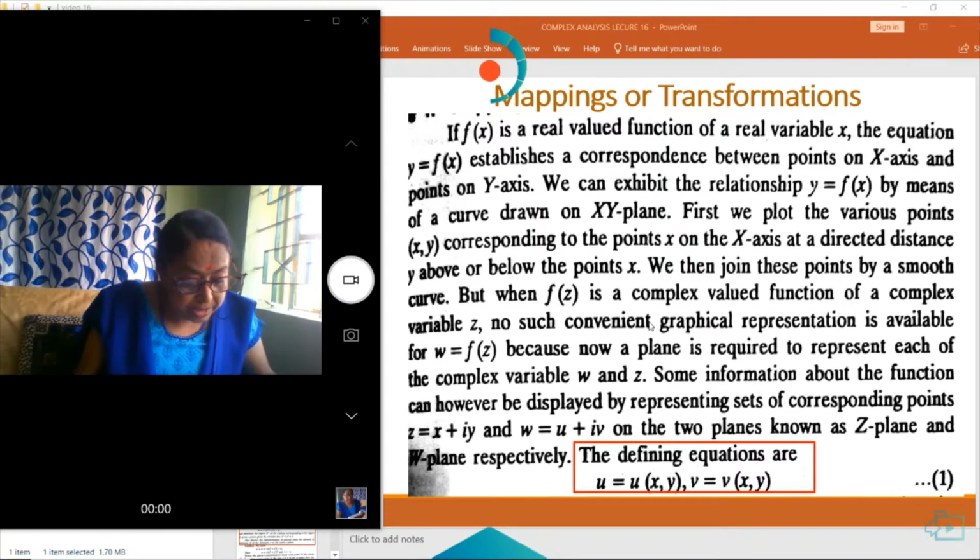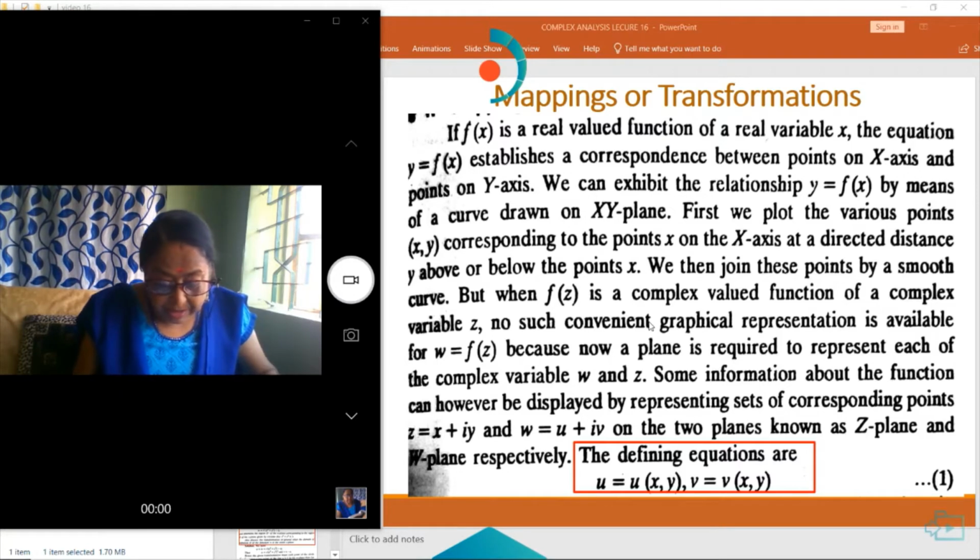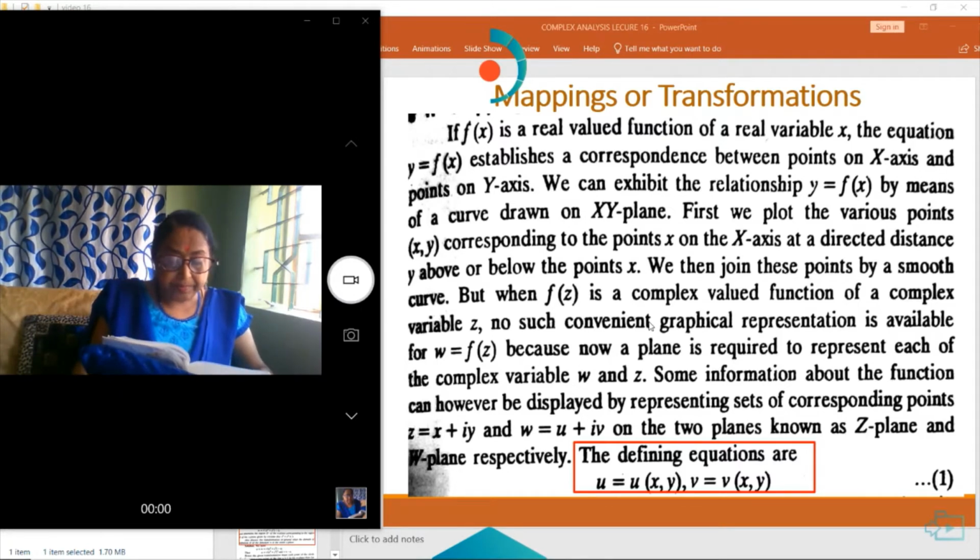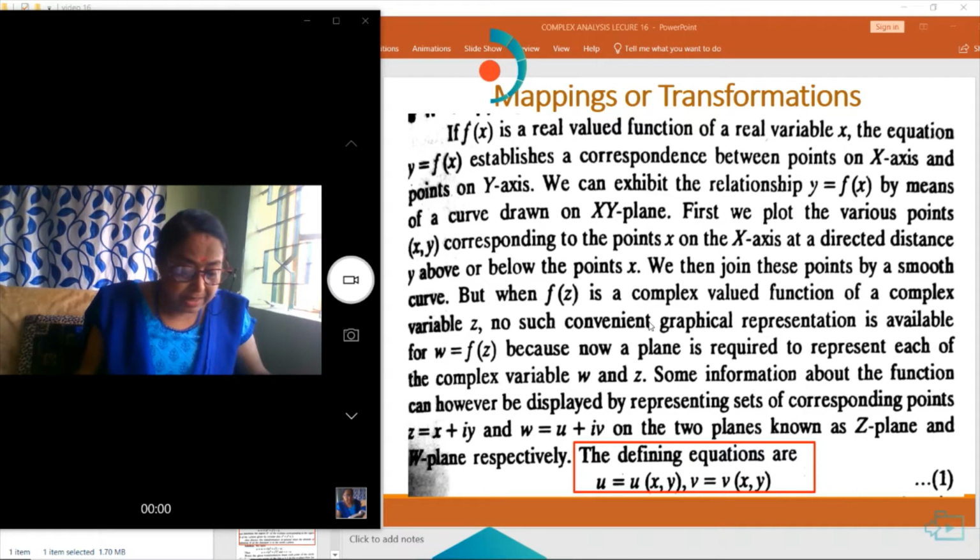Some information about the function can, however, be displayed by representing sets of corresponding points.